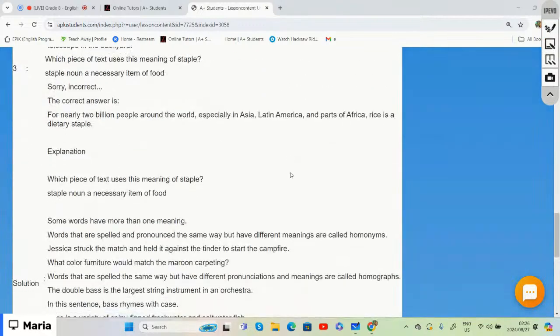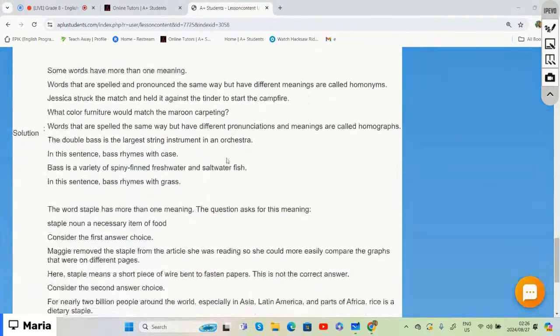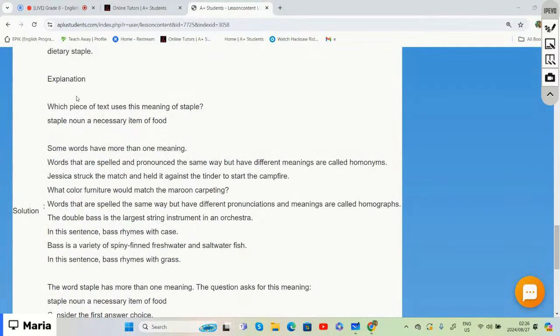And now, lastly, which piece of text uses the meaning of staple? We have staple as in when you staple pages together to form a booklet. So that is staple, or staple can be a form of food, right?